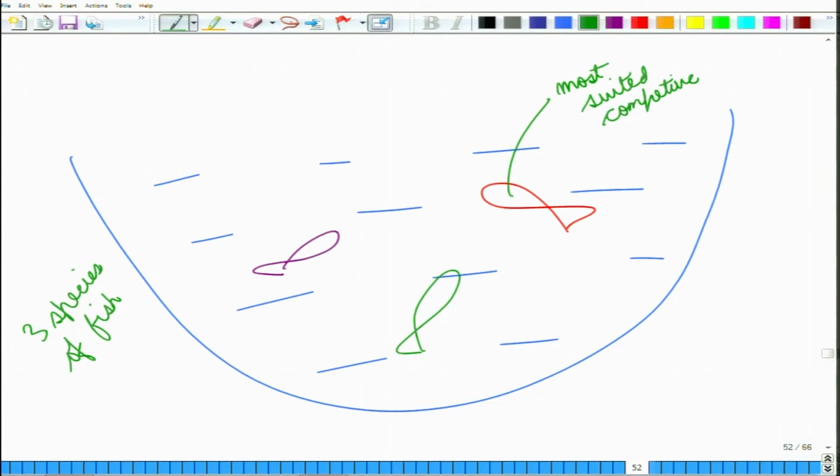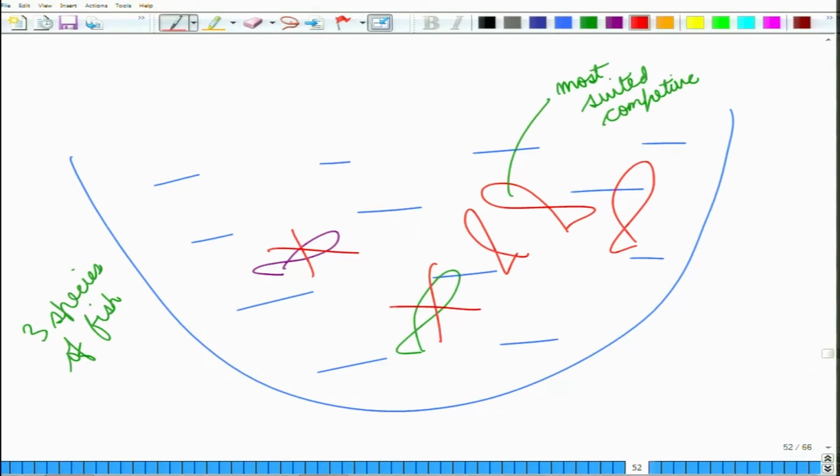So, if you have this situation, in a very short period you will find that this fish would increase in its numbers and the other fishes would get exterminated, and then after a while you will have this pond that only has a single variety of fish, which is the red fish.